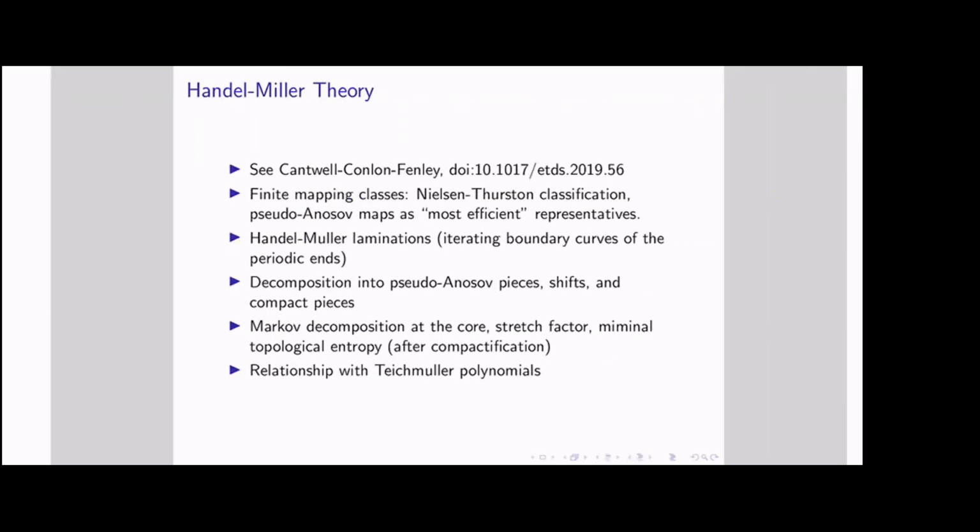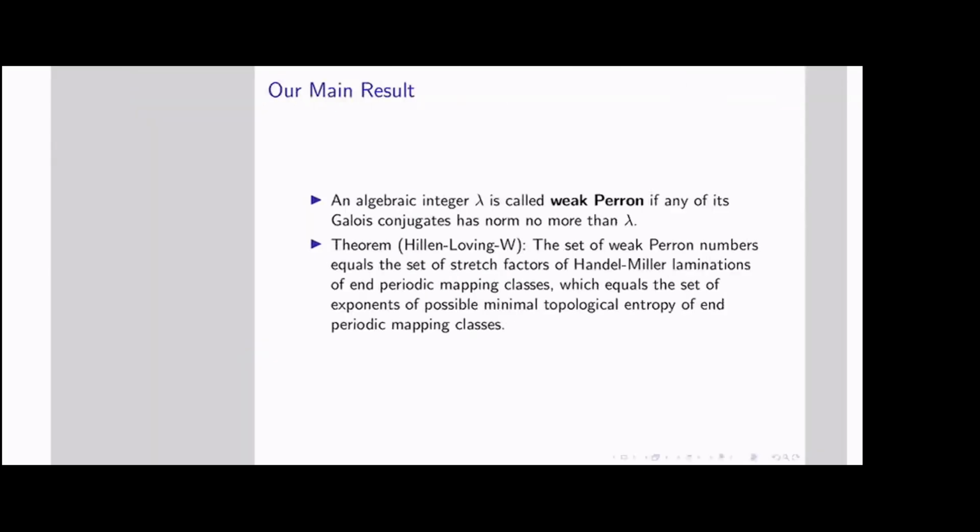The point of all this is that it's interesting to look at this family of objects because, firstly, they arise naturally, and secondly, there's a fairly extensive theory of them, and we can do a lot of things analogous to what happens in mapping classes over finite genus surfaces.